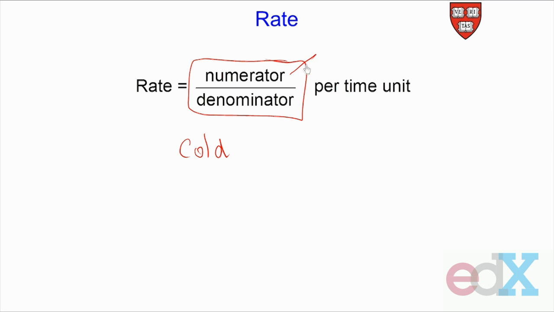So here you would have the number of colds, that's a C, and here you would have the population. And the average or the rate could be more than one, or flu, or whatever, anything that's recurring. So rates can be bigger than one.